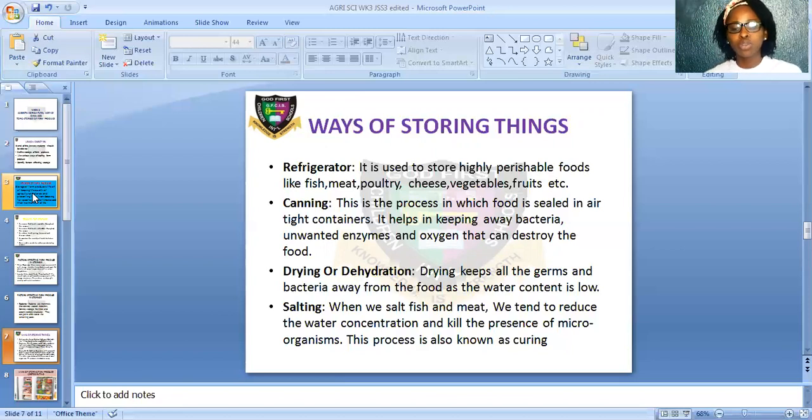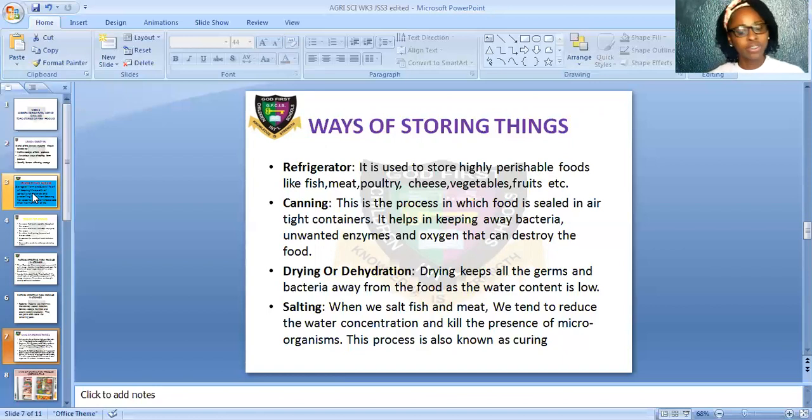When you go to ShopRite, you see some food being sealed and canned, either in Ziploc nylon or in tins, where they are sealed from spoiling and from bacteria.